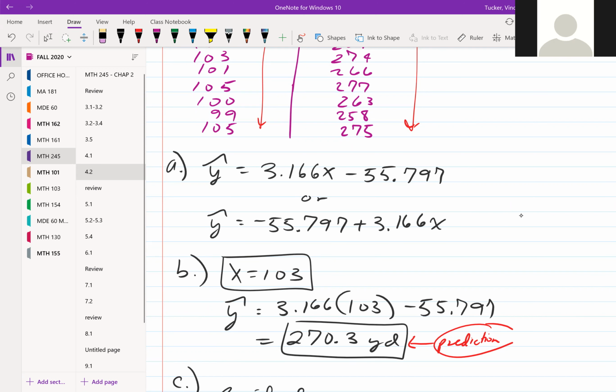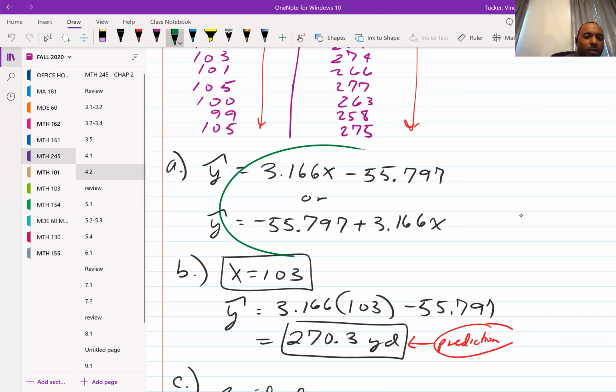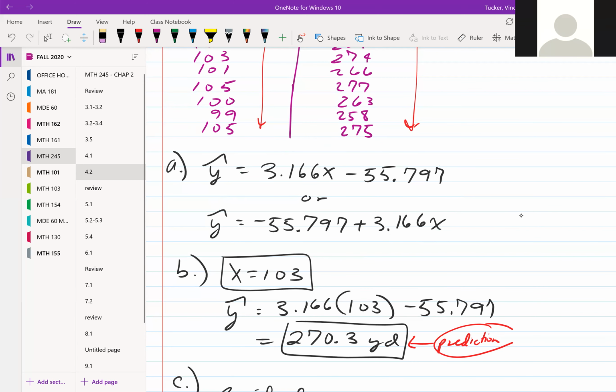I'm sorry, that's from plugging the numbers into the calculator. Which one are you talking about? I'm talking about B, the prediction.